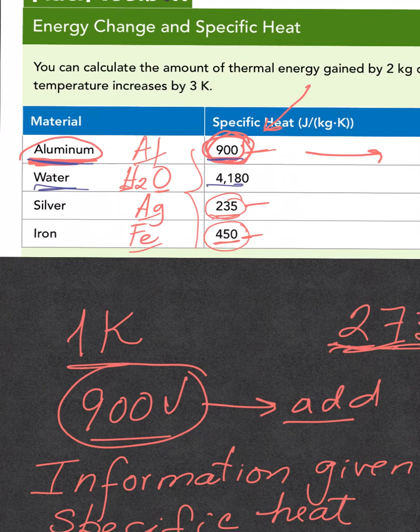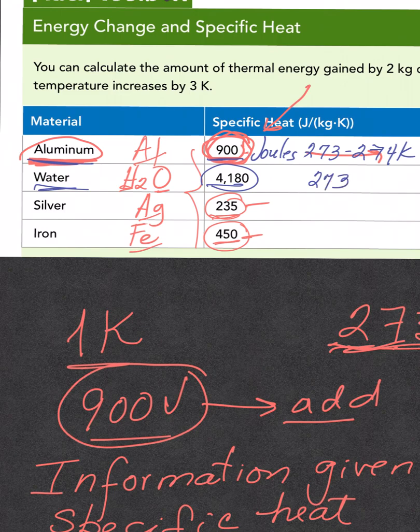If I want to change the temperature of aluminum from 273 to 274 Kelvin, I need 900 joules. But if I want to do the same with water, look at this.